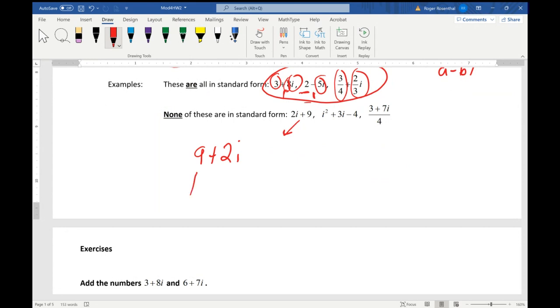Standard form requires the first one to just be a number and the second one to be a number with an i next to it. This is not in standard form because standard form does not allow a square on the i. And this one is not in standard form, and we'll go into why that is later, but that's also not in standard form.